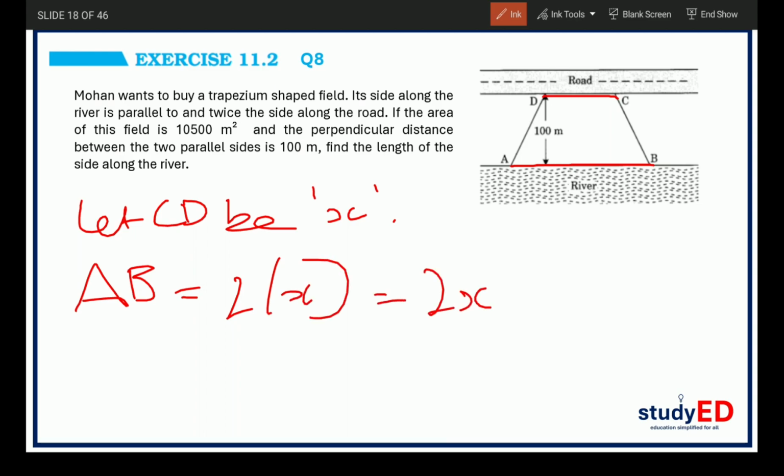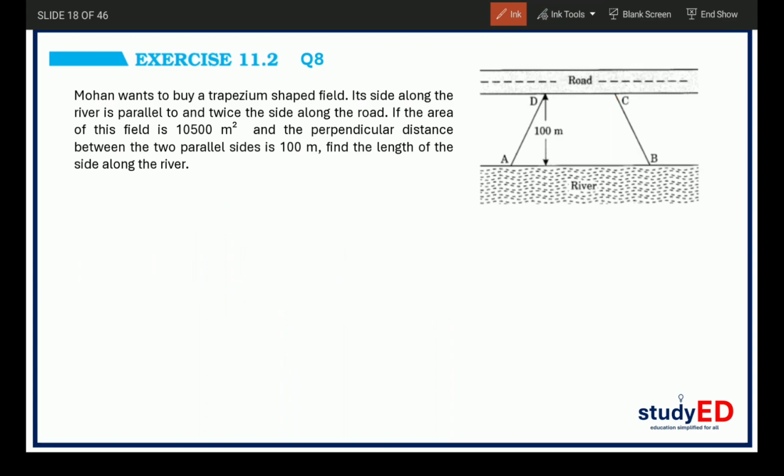So now as we keep this, we can just transpose it into the formula. If the area of this field is 10,500 and perpendicular distance is 100, find the length of the side along the river. Okay, now let's put this into the formula. The formula for area of trapezium is 1 by 2 h into (a plus b).